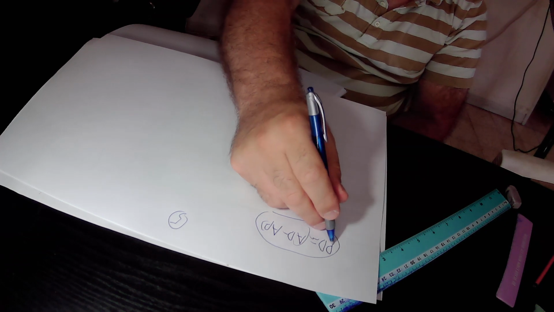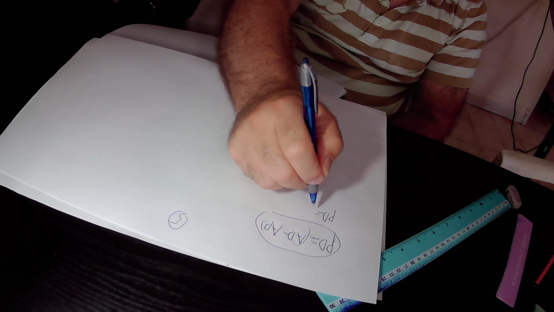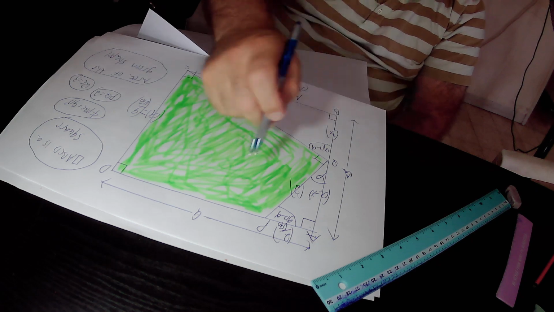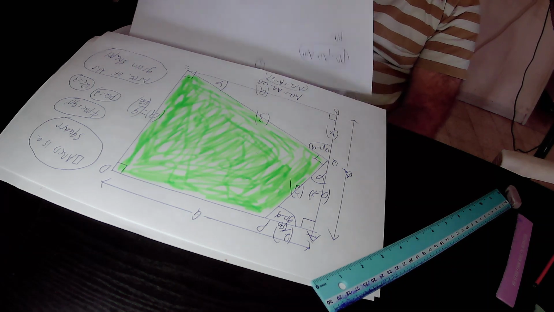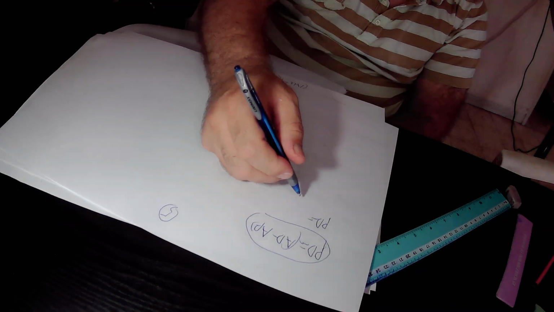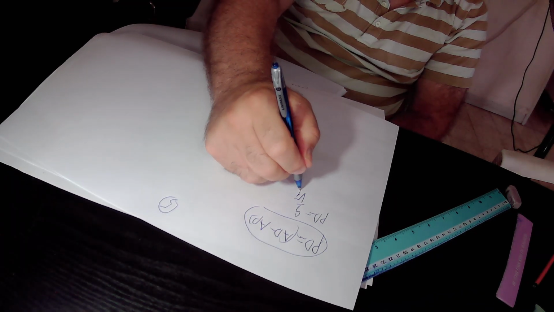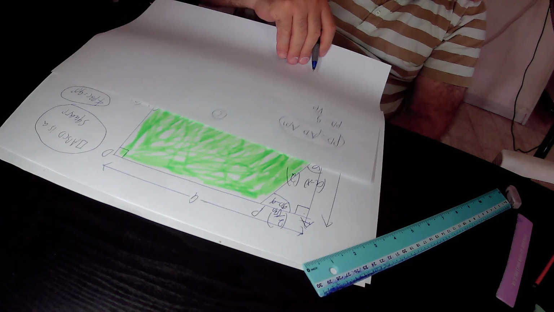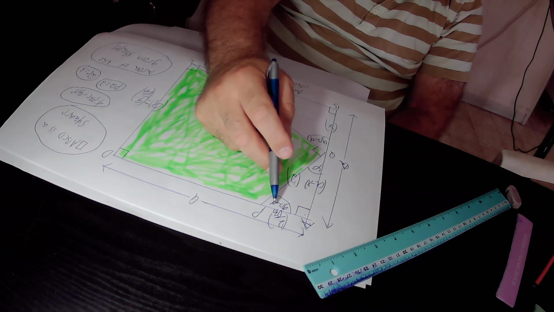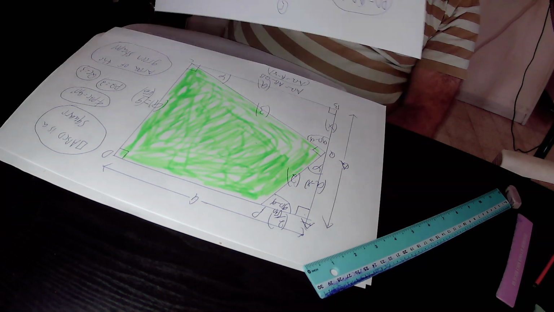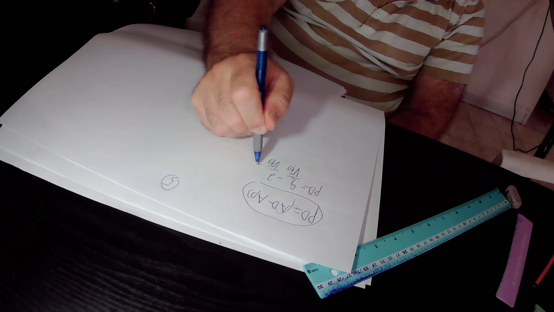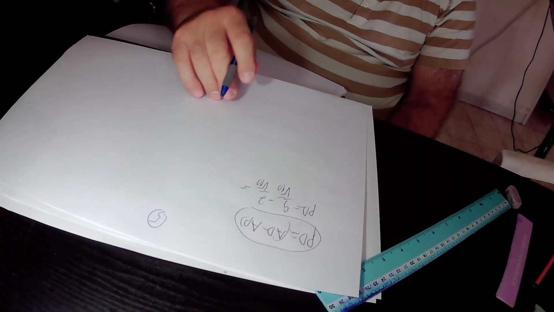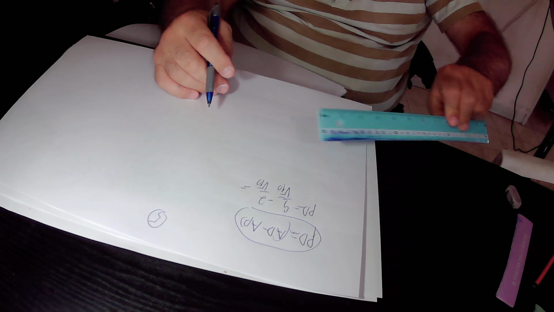So PD equals AD. AD is a, and a equals 9 over square root of 10 units in its length. Minus AP. We just now found out that AP equals 2 over square root of 10. So in total we found out that PD equals 9 over square root of 10 minus 2 over square root of 10.